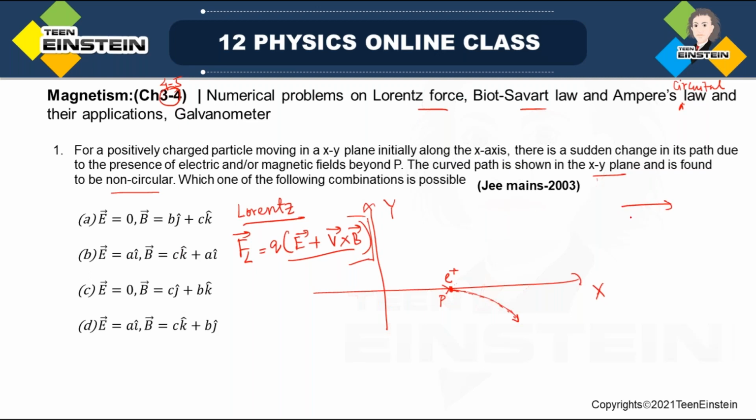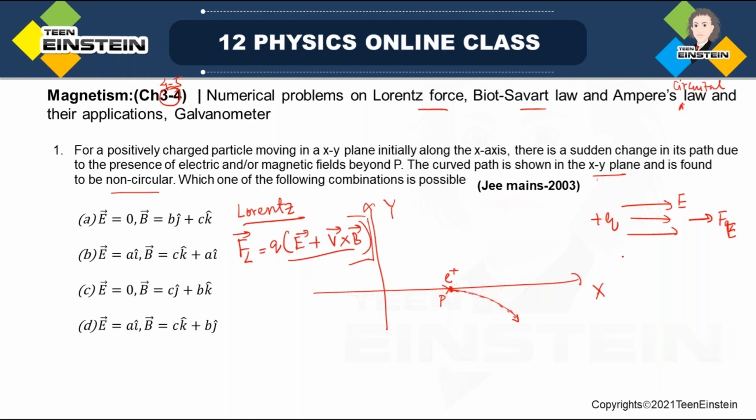Suppose there is an electric field in this direction, then if the charged particle is positive, it will experience a force along this direction itself. So that electric force F_E equals Q times E will be along the direction of the electric field itself.